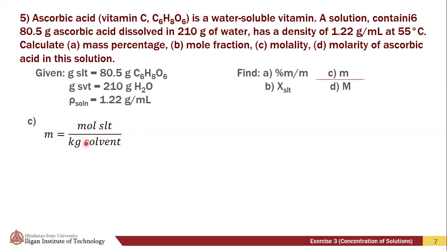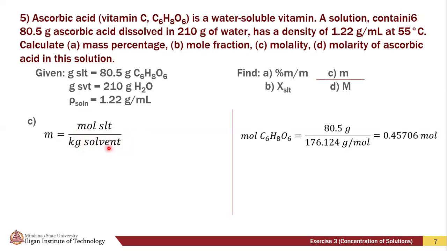All the others are expressed in either mass or volume or mole of the solution. It's the only concentration expression that takes into account the solvent only. Now, to calculate for the mole solute, we have done that already in letter B. So we have this already.